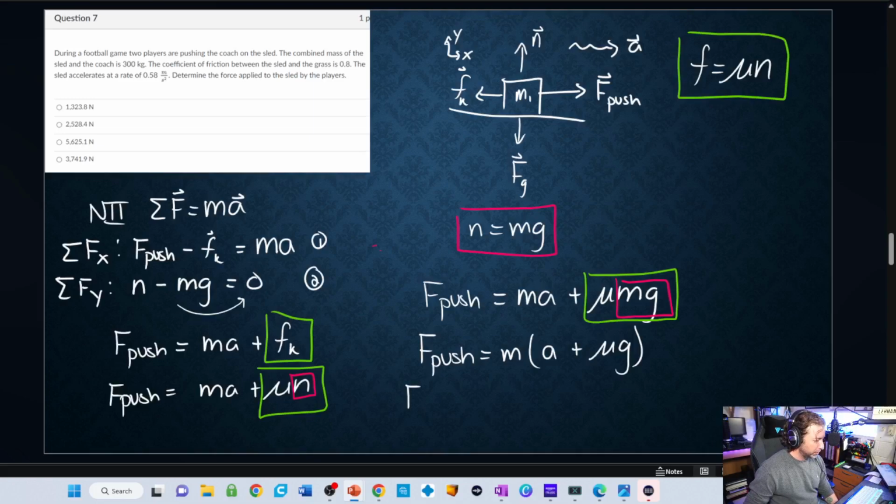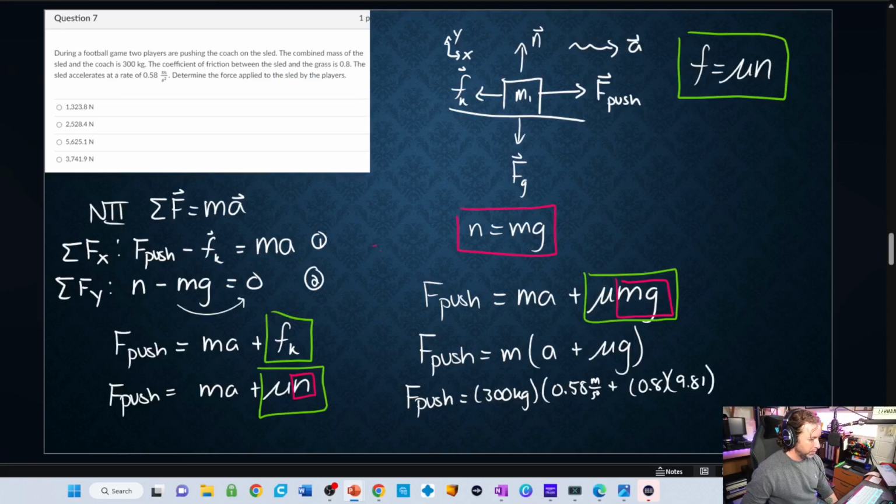So F push is equal to the mass. This is going to be the mass of the sled, so that's 300 kilograms times the acceleration of 0.58 meters per second squared, plus the coefficient, which is 0.8, and g, 9.8.